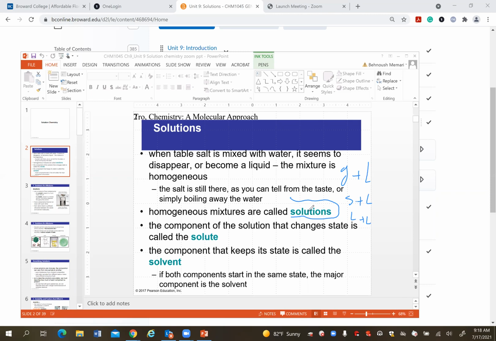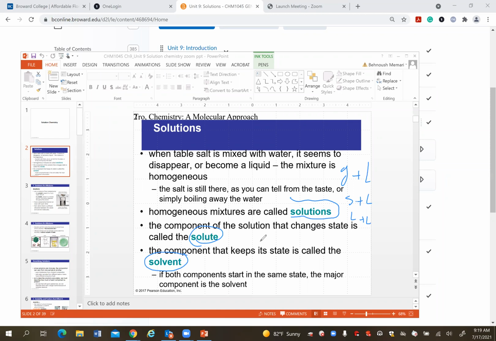When you have a solution, a solution is a mixture of solute and solvent. The part of the solution defined as the solvent is the one in greater amount.